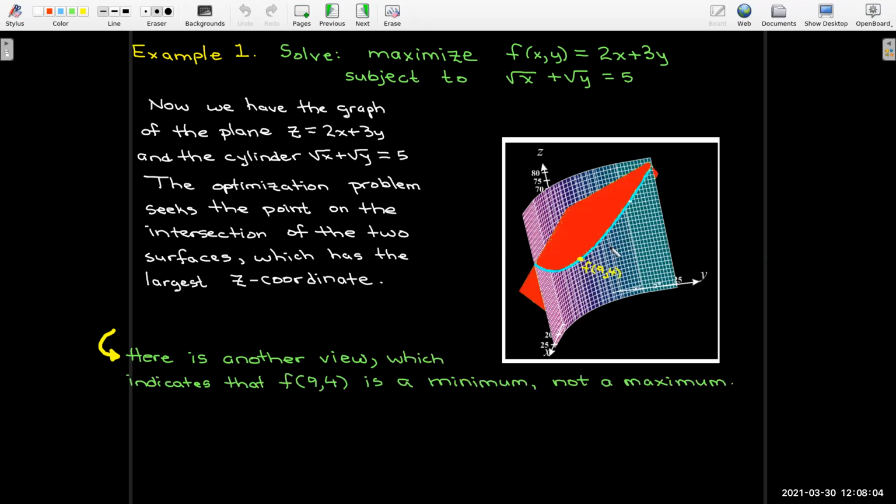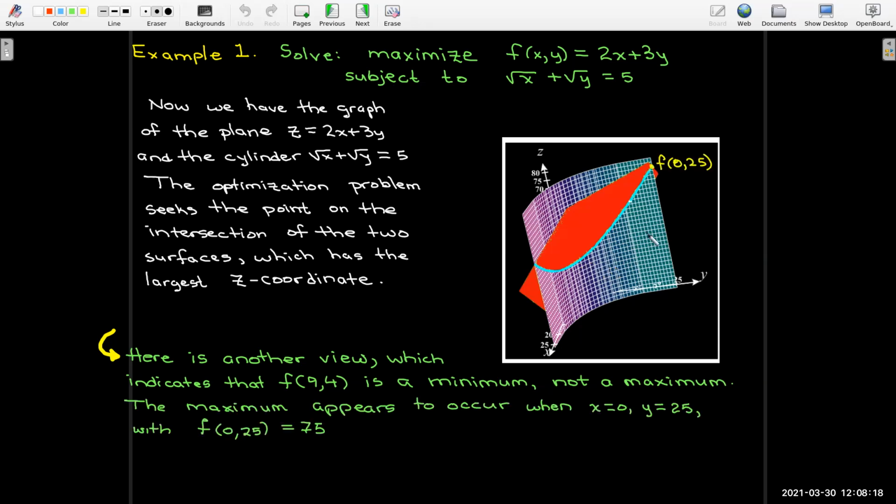Now, according to this view, 9, comma 4, that z value actually corresponds to a local min, or an absolute min. For this case, it's an absolute min. And indeed, the maximum is over here above the y-axis.